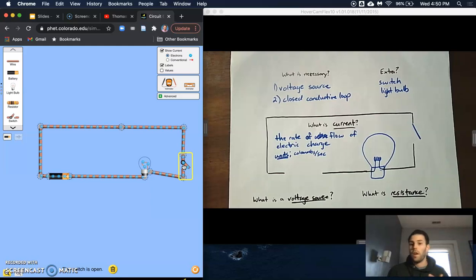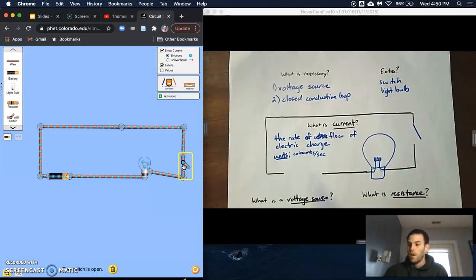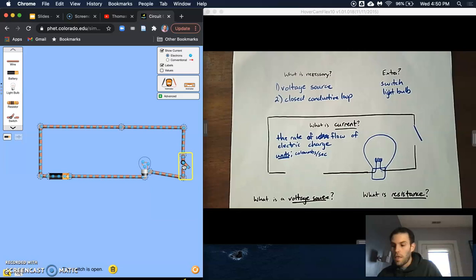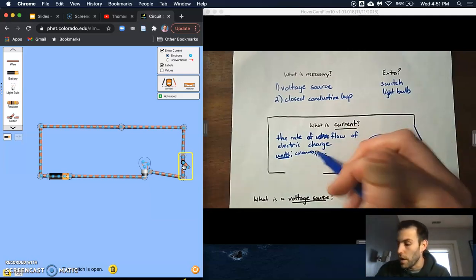Just like velocities are meters over second, charge, coulombs over second, that's going to be our rate for current.